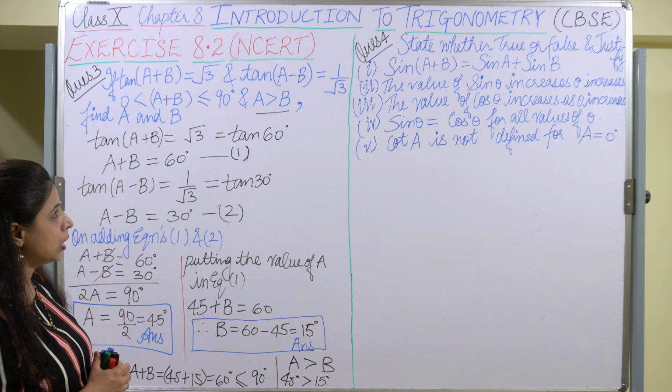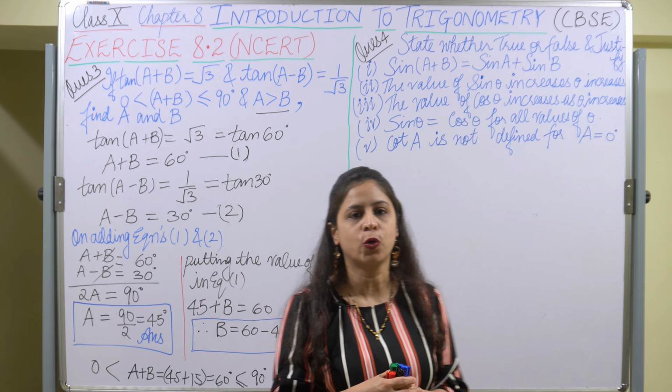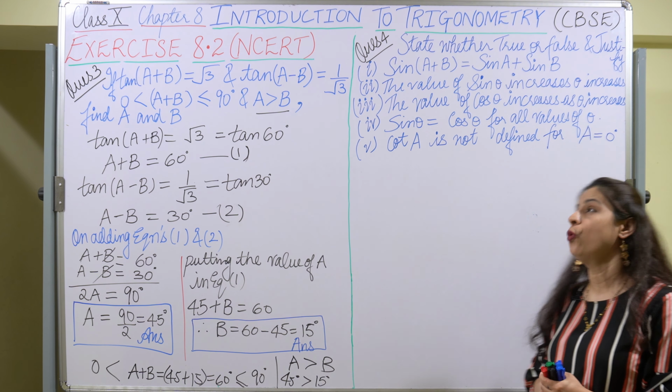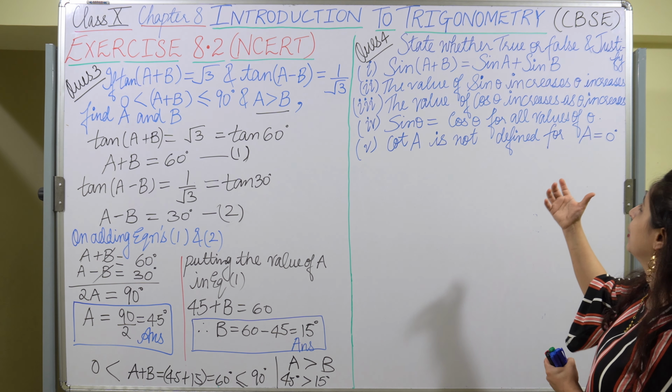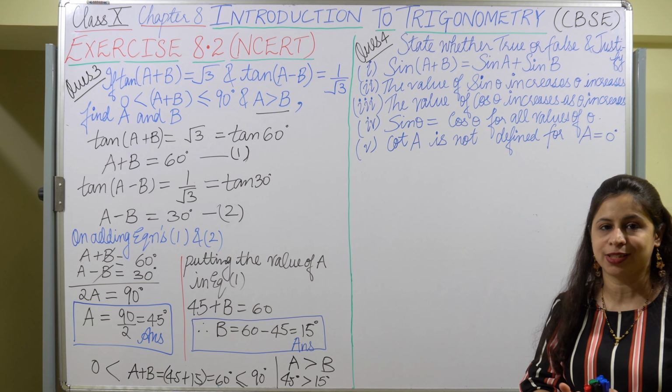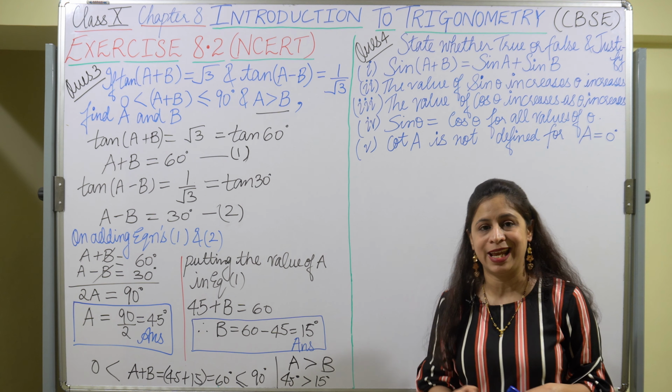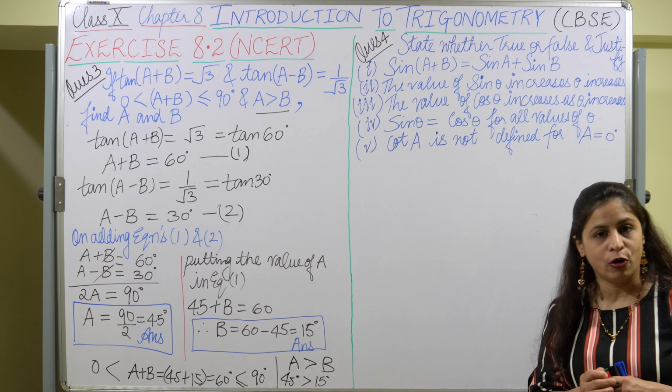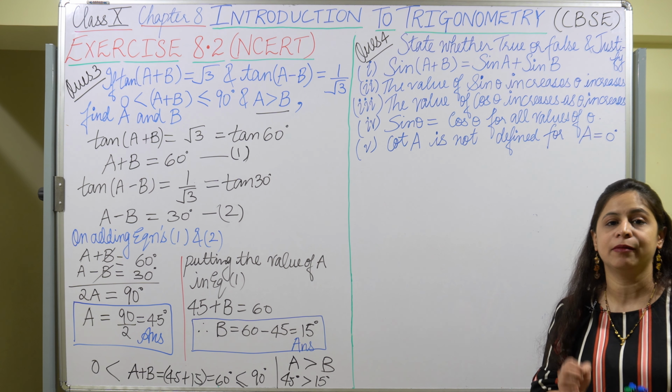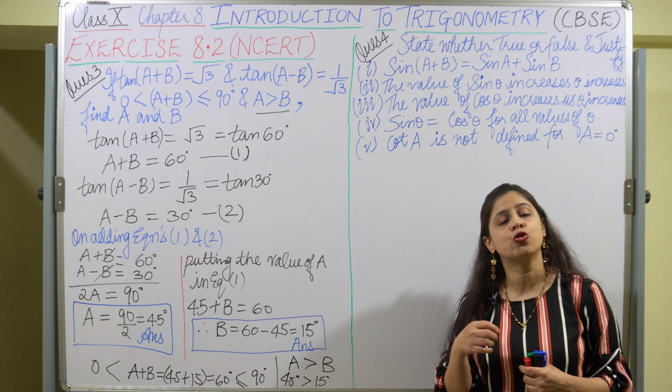Now let us move ahead to question number 4. In question number 4, they have asked us to state whether the statements are true or false and also justify. Firstly we have to state whether the statements are true or false, and we have to justify whether we are giving true or false.